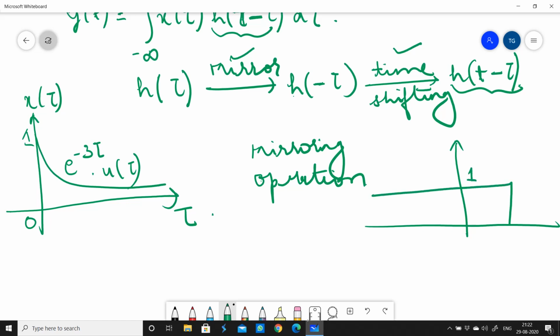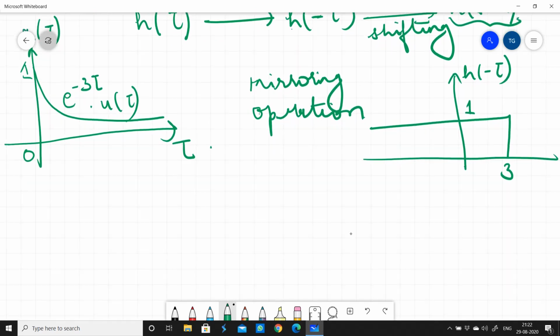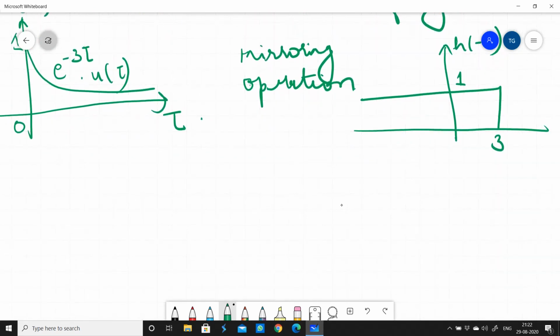This is 1, this is 3, and this is h of minus tau. So when we integrate, this is this 2.